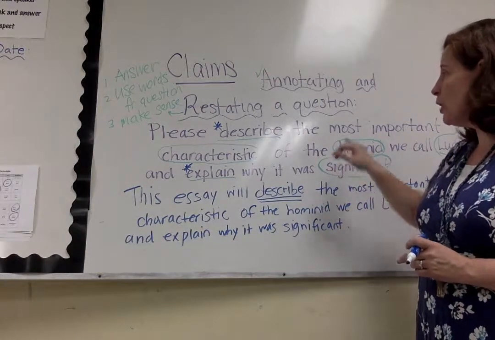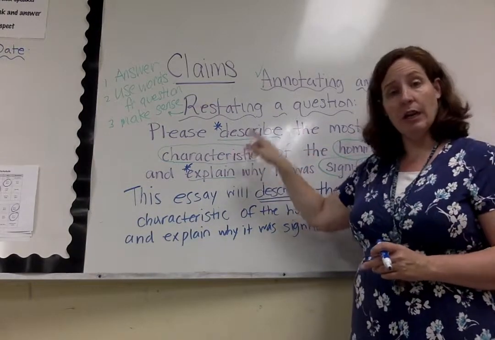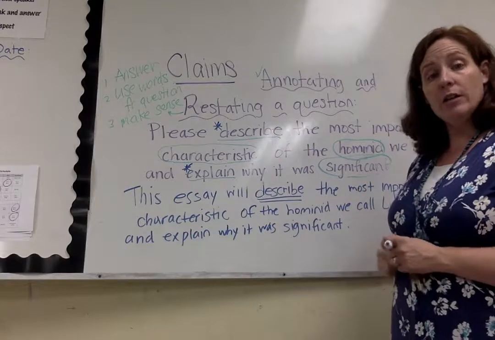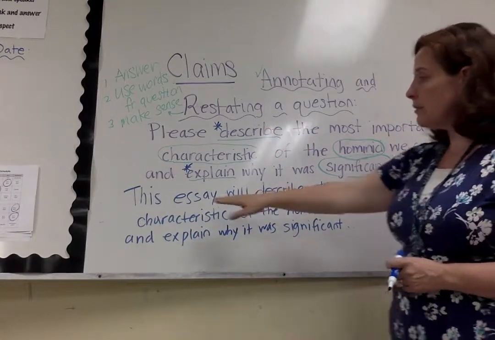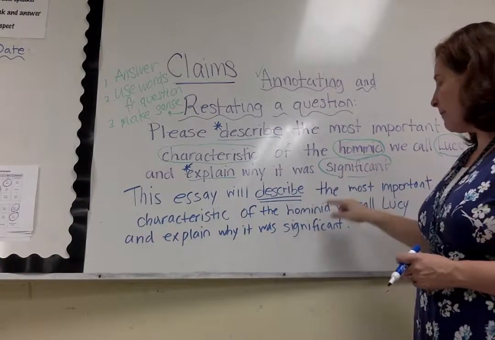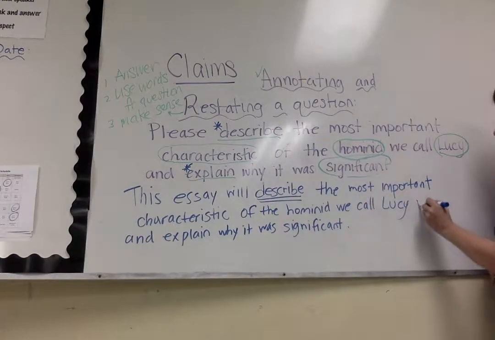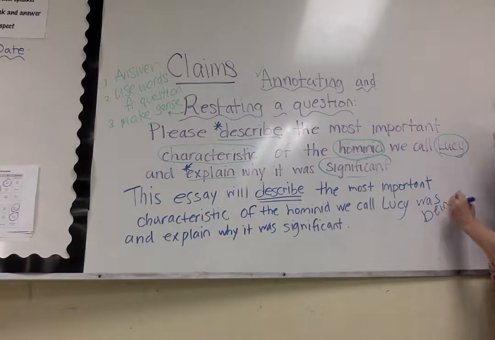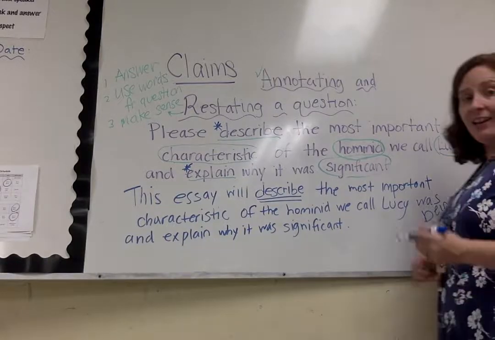Sometimes kids tell me, well, don't you want to know what the characteristic is in the claim? And you can do that too if you want. So for example, this could read, this essay will describe the most important characteristic of the hominid we call Lucy was being biped. That's Lucy's most important characteristic, in case you didn't know.